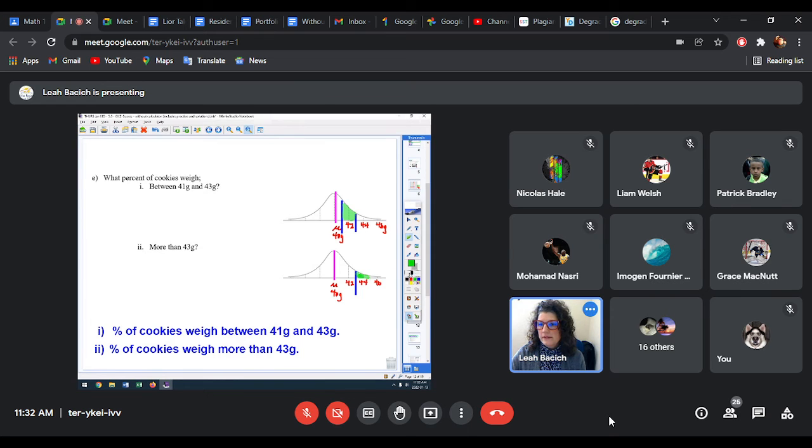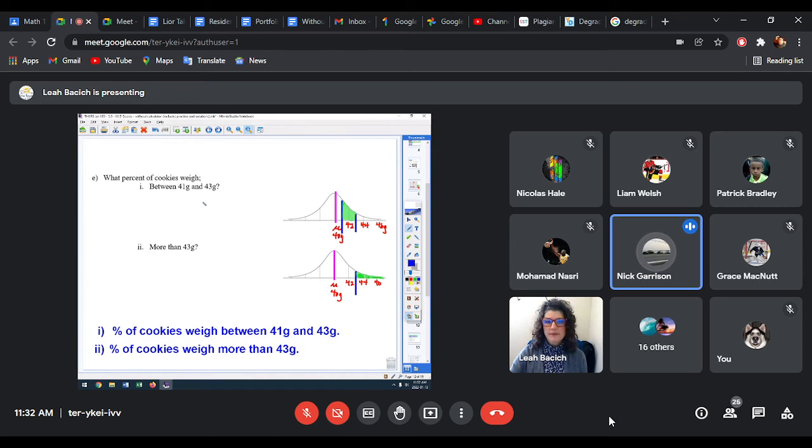So this would be beyond that. Can someone tell me what would be the first thing I'd have to work on here? What do I calculate first?